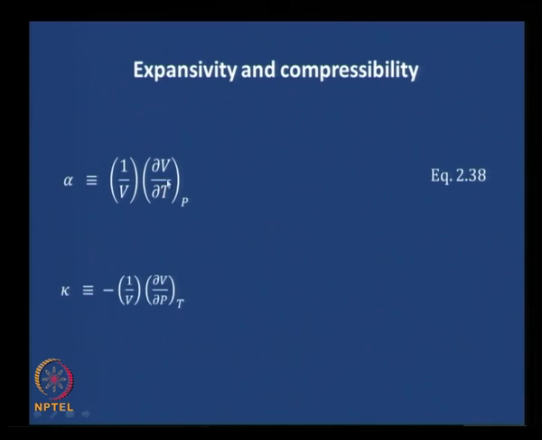And compressibility, which is given the symbol kappa, is defined as ∂V/∂P at constant T, the variation of specific volume with pressure when the temperature is held constant, and that again normalized with respect to specific volume, and the negative of it. Let us call this equation 239.